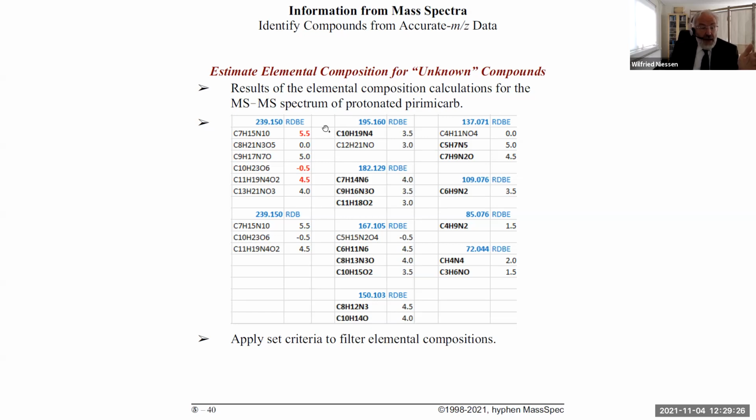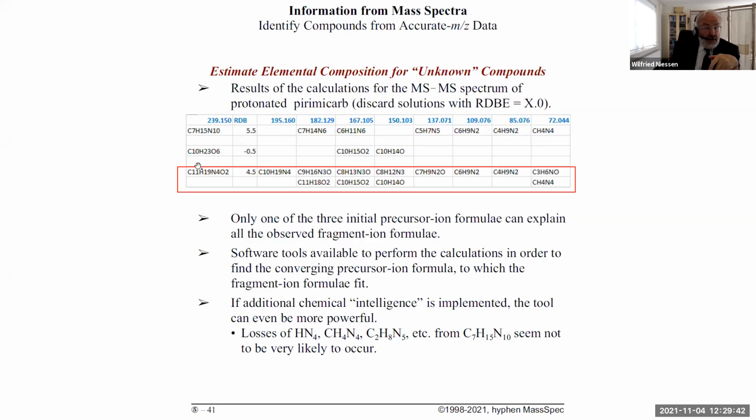And in the same way, I look whether these elemental compositions could come from the elemental compositions I have calculated for my precursor ion. When I do so, I see that for the first, I only have a few ions. I have even fewer possible product ions explained for the second. And it seems that I have a good explanation for what is going on with the third.